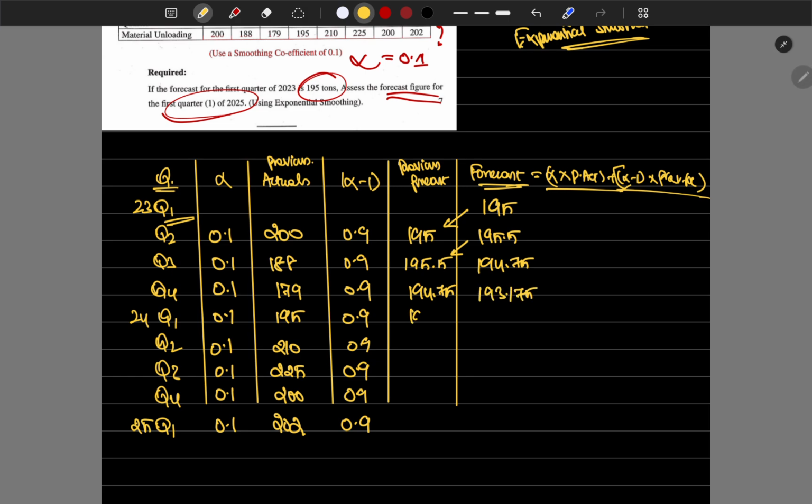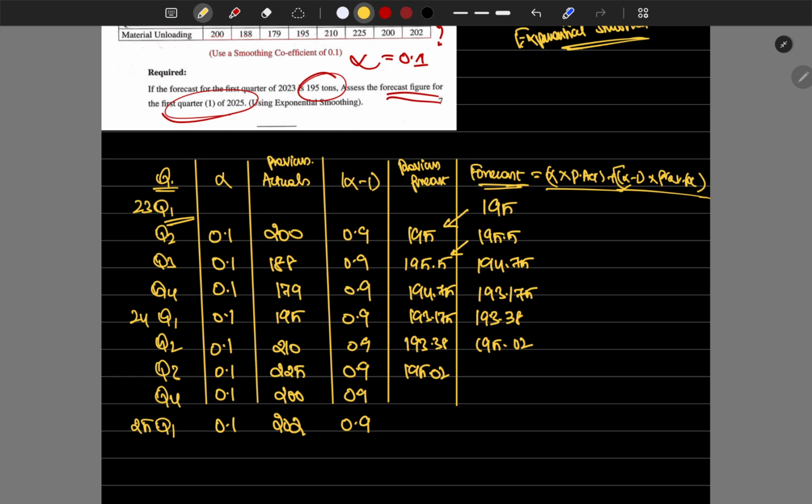Then 193.175 into 0.9 plus 0.1 into 195 gives 193.38. Then 193.38 into 0.9 plus 0.1 into 210 gives 195.02.